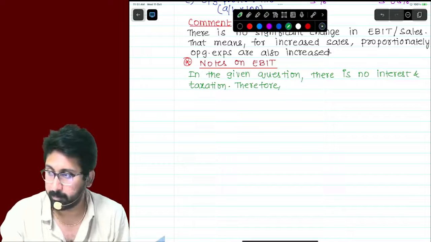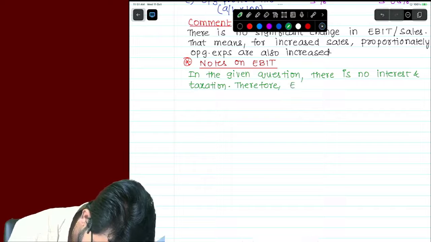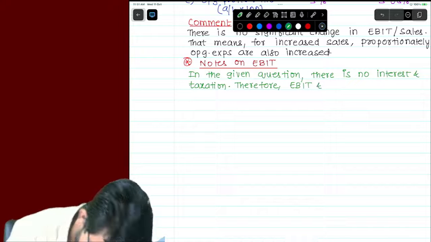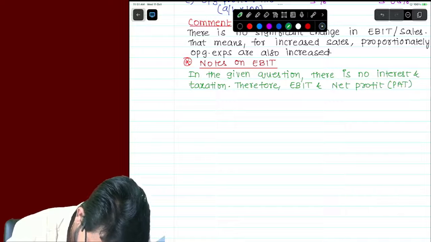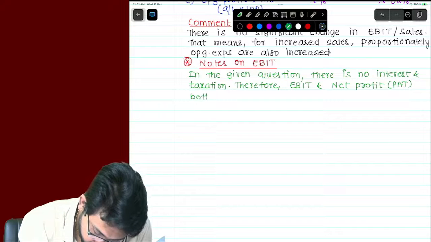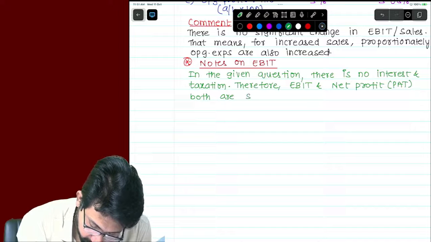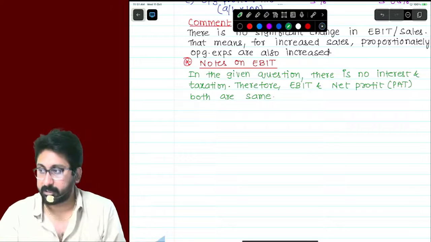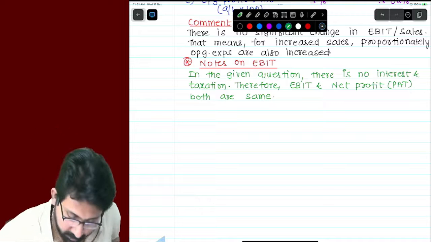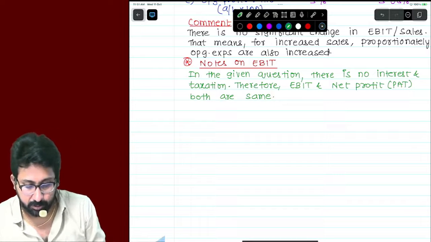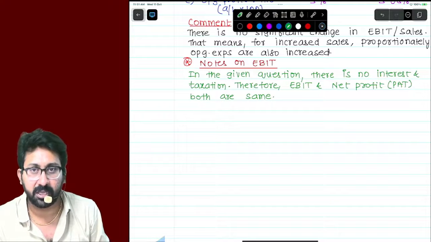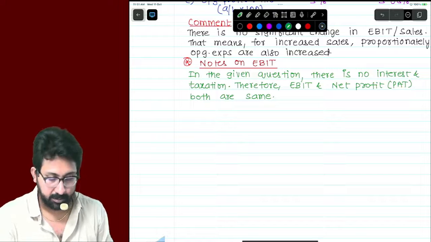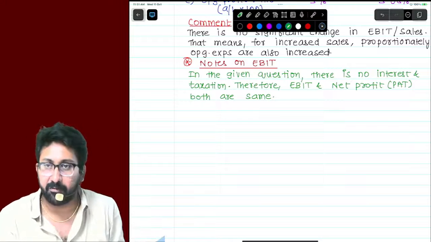Therefore, both are same. So in the given question there is no interest and taxation. Therefore, EBIT and net profit, means profit after tax, both are same. Completed? That's all. These are the notes that we can give on EBIT.